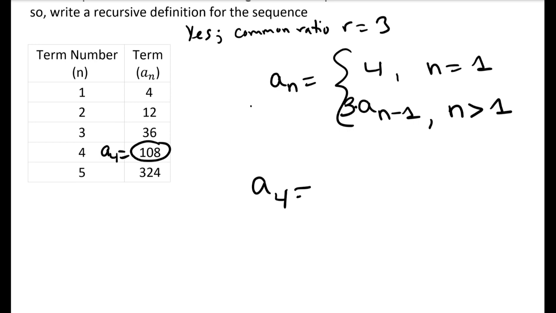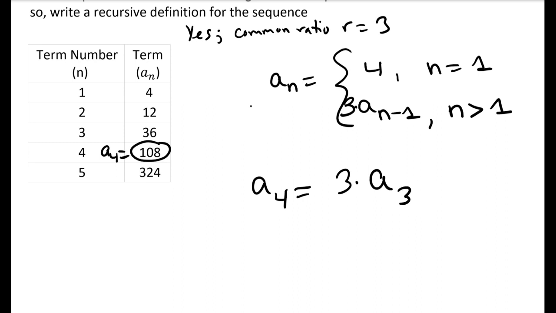So in order to get A4, which condition are we going to follow? Well, n is definitely greater than 1, so we're going to be using the bottom case. So we're going to say 3 times A, 4 minus 1. 4 minus 1 is 3, so you're going to take the third term and multiply by 3.